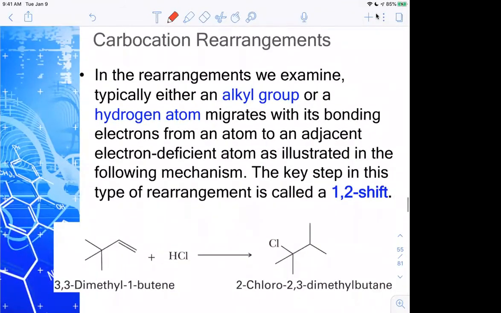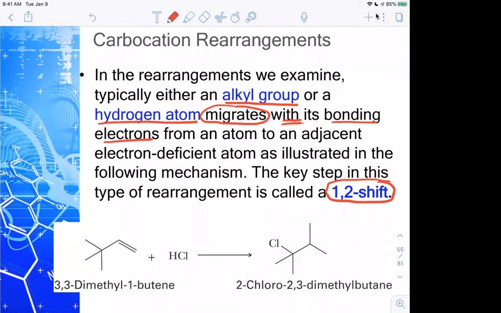Well, either an alkyl group or a hydrogen atom will migrate with its bonding electrons from one atom to another. And what I have is called a 1-2 shift.